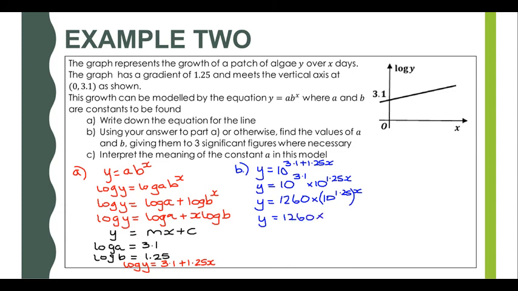So 10 to the power of 1.25 is 17.8 to the power of x, which means if I compare this to my original equation, y equals ab to the power of x, then a is equal to 1260 and b is equal to 17.8.